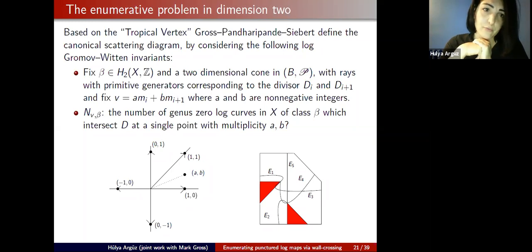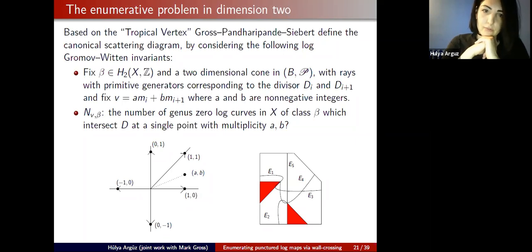So the problem is if you fix curve class beta in H2 of X, and if you fix a cone in your tropical fan picture, and if you fix vector v, which is a m_i plus b m_{i+1}, where a, b are non-negative integers, m_i and m_{i+1} are the generators of rays generating a cone in dimension 2.